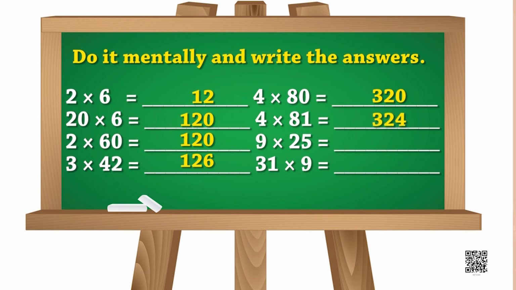Similarly, 9 into 25. 4 into 25 makes 100, so 8 into 25 makes 200. Then one more 25 extra, so I have to add that, and it becomes 225. Similarly, 31 into 9. If you approximate 31 to 30, then 30 into 9 is 270, then adding 9 extra, it becomes 279.